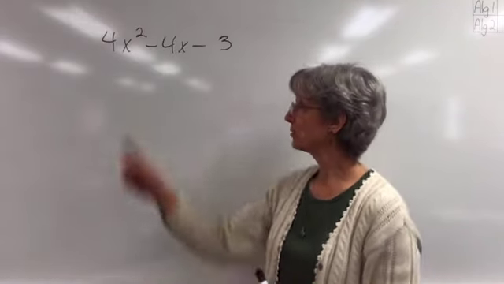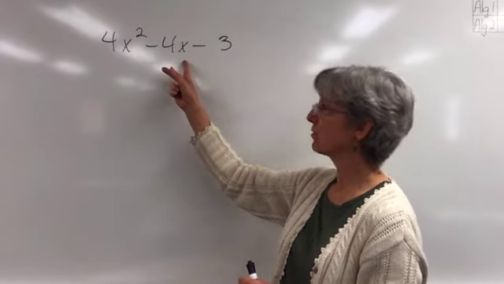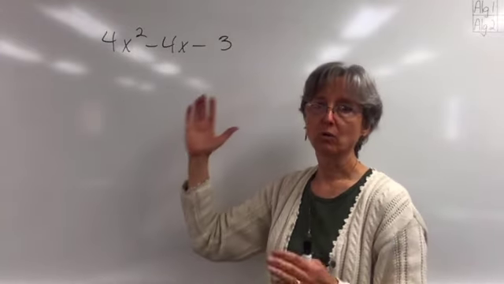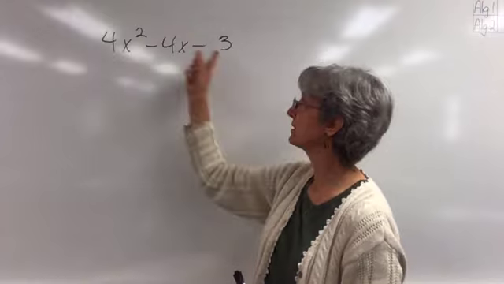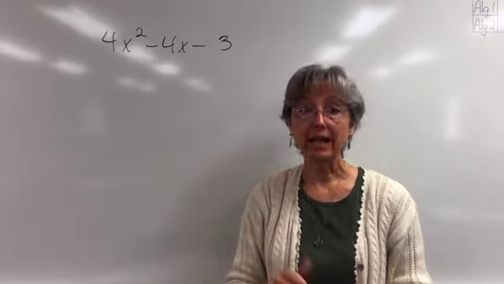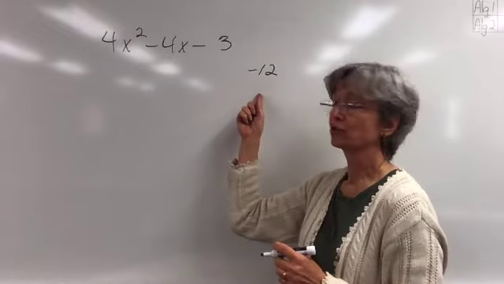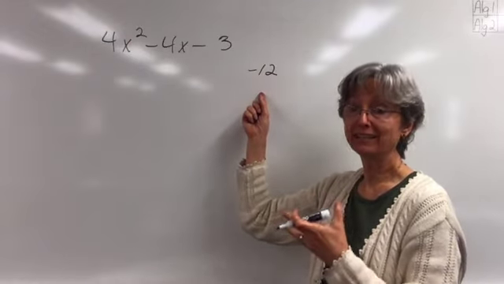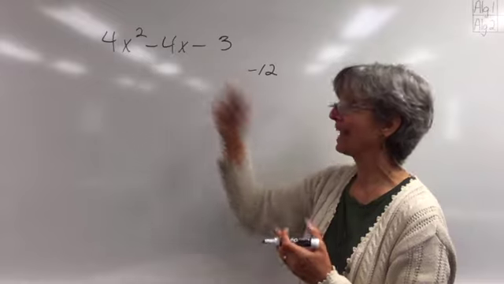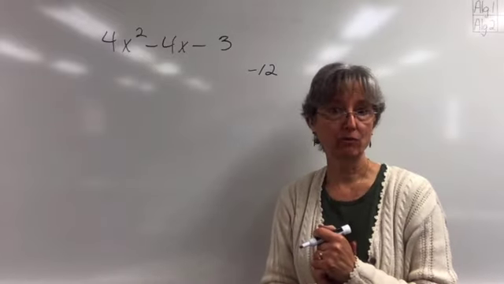Okay, in this next one, we have 4x squared minus 4x minus 3. So our first step is to multiply 4 times negative 3. We get negative 12. So we need factors that multiply to be negative 12 and add up to be negative 4.